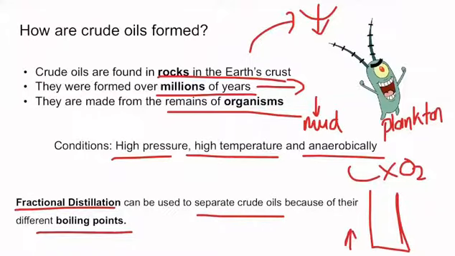Now the crude oil which has the lowest boiling point will be separated off first and collected through condensation, so on and so forth, the one with the next highest boiling point, until we get the one which has the very highest boiling point at the bottom. Now these crude oils generally aren't really of much use to us, they can't be made into fuels, so they end up just being collected as sludge at the bottom of this column. That's all we really need to know about fractional distillation.